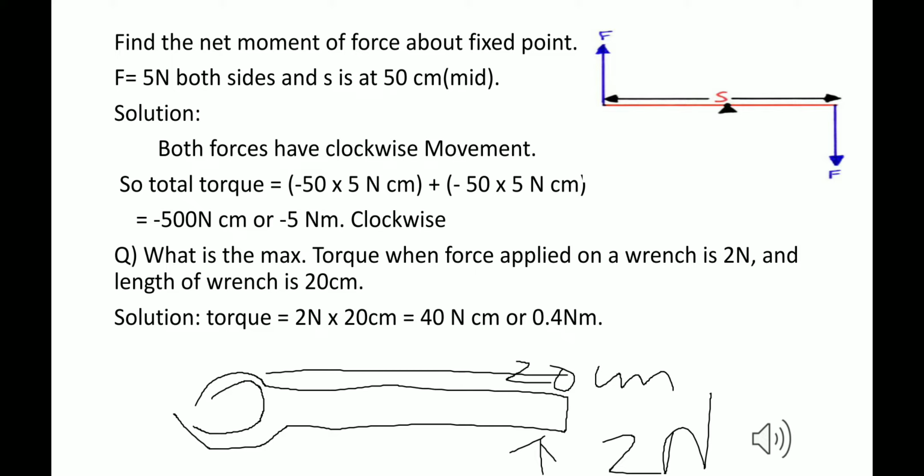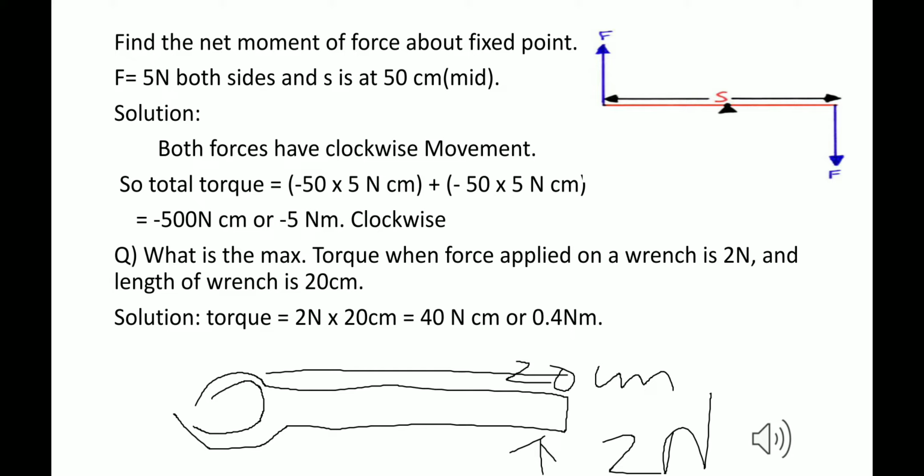Now solution, it is the same as we have done right now. So you can see the bodies are moving clockwise. Both the forces are making the body move clockwise. So the first one, it will be minus 50, that is the distance from 0 to the fixed point is 50 centimeters this side also and 50 centimeters that side also.